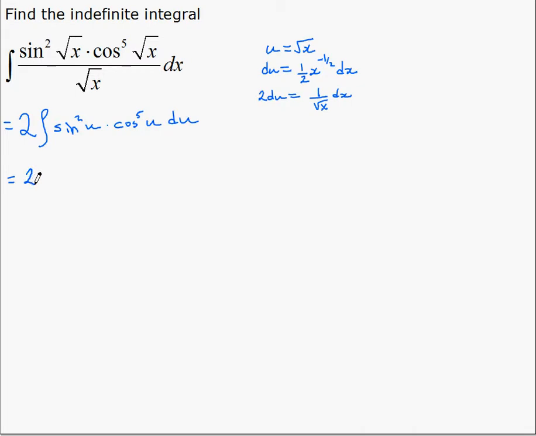So we keep the sine squared, and we keep one cosine with a du for a later substitution. The other cosines, cosine to the 4 is what we have left, are going to change.